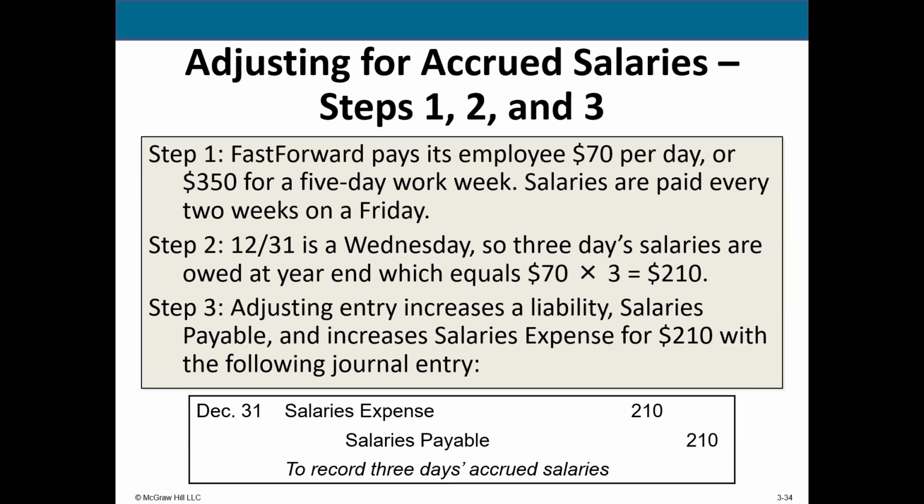It's 210. At the end of December, I make the adjusting entry. I debit salaries expense 210. I credit salaries payable 210. Now, obviously, my employee worked the other 2 days, but I'm going to record that as a wage expense in the month of January.